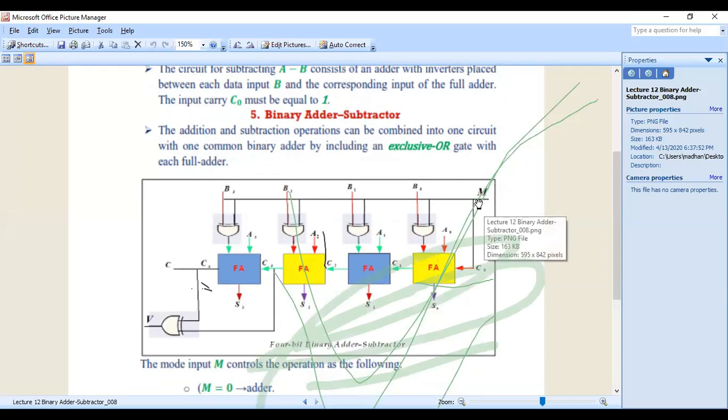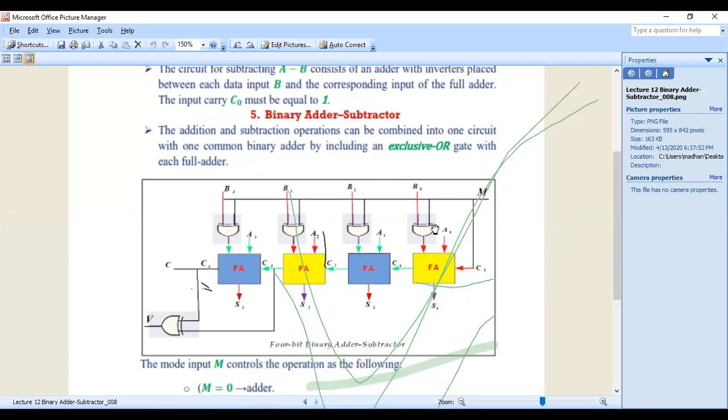So if M is equal to 0, this circuit diagram will perform addition. If M is equal to 1, this circuit diagram will perform subtraction. By default, Cin will pass 1. Here we have C0, C1, C2, C3 and C4.